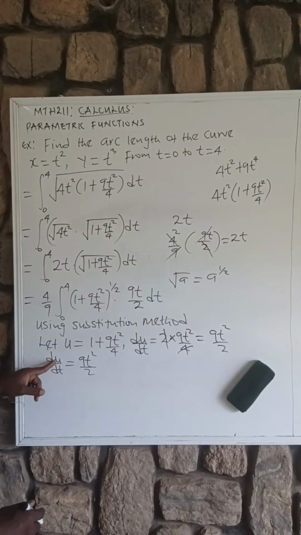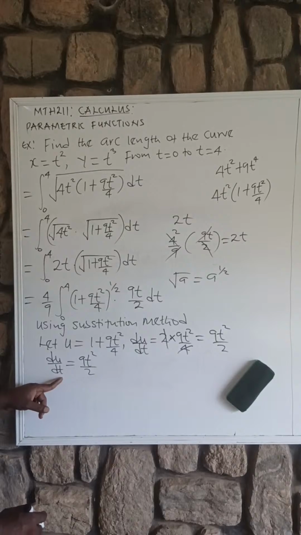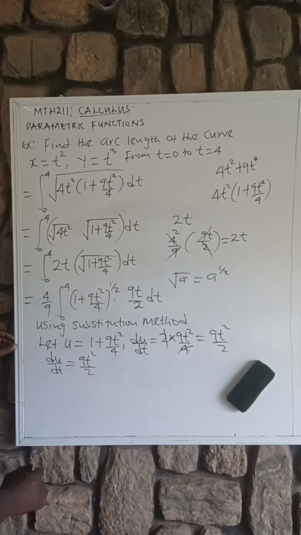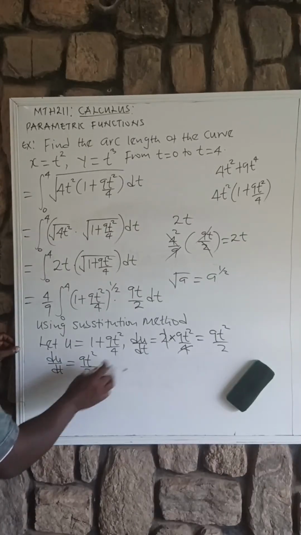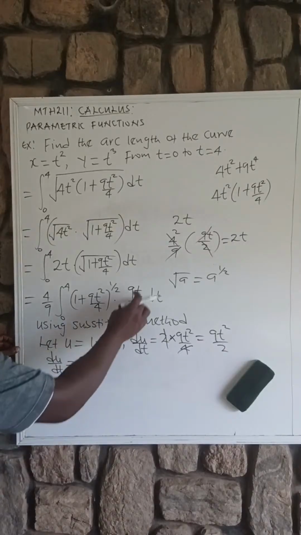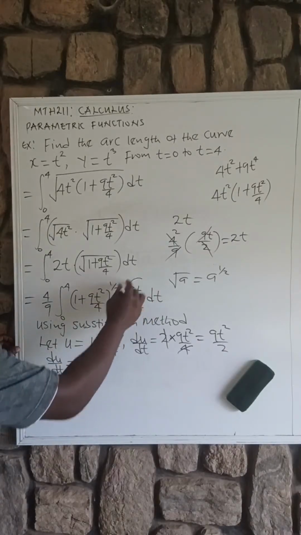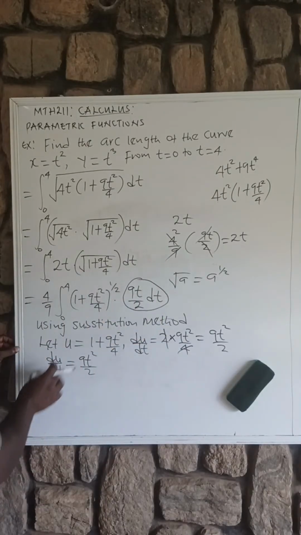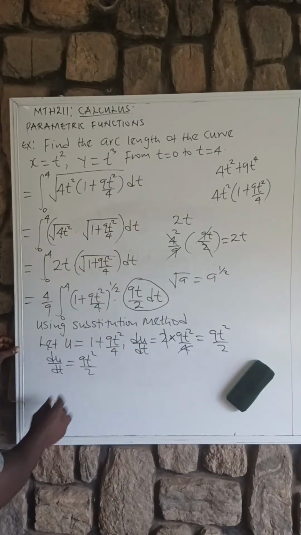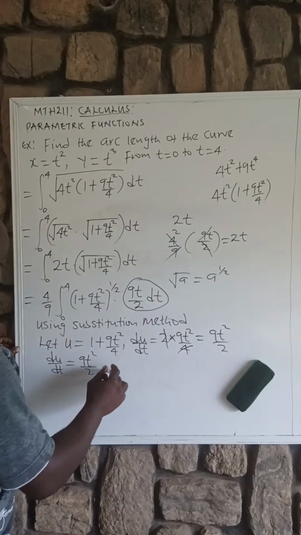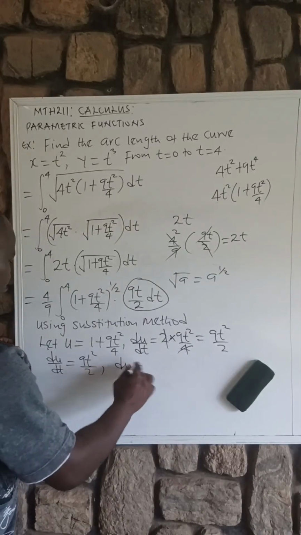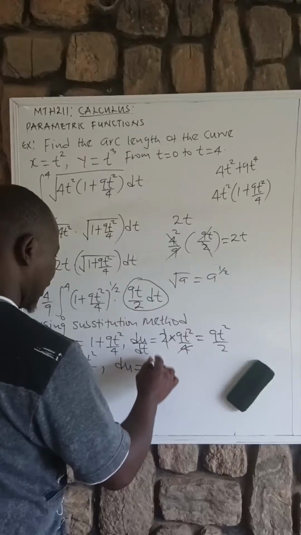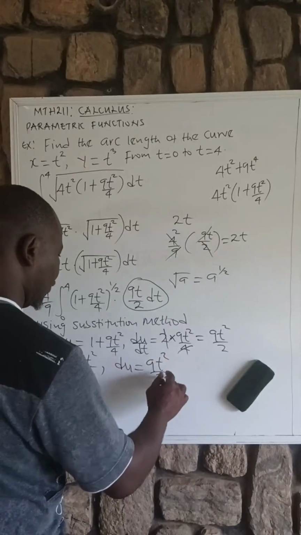Then make dt the subject of the formula. By the time you take this to multiply this, because this is how it is, look at it here. So make this one the subject of the formula. If you do that, it means du is equal to 9t all over 2 dt.